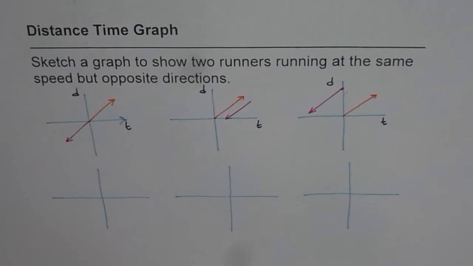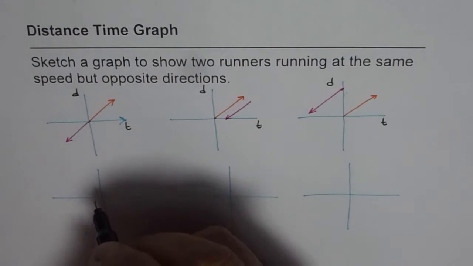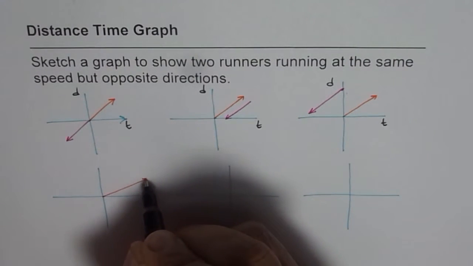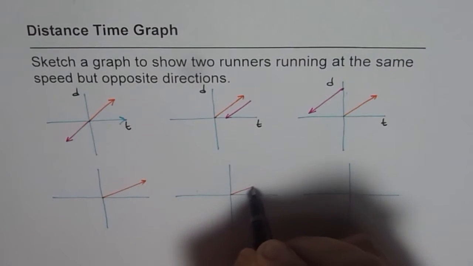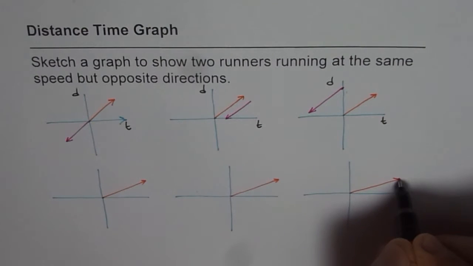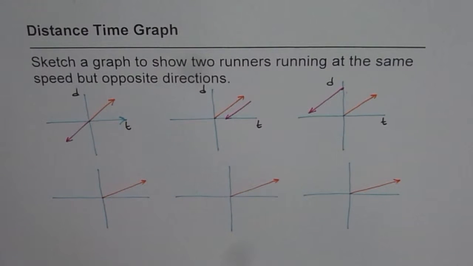Now let's try to draw graphs which really represent same speed and opposite direction. Okay, let's say now I'm not drawing at 45 degrees, so I'm drawing at an angle, right? So like this. Okay, now this is the first runner, and we'll try to draw graphs so that we could represent same speed but opposite direction.